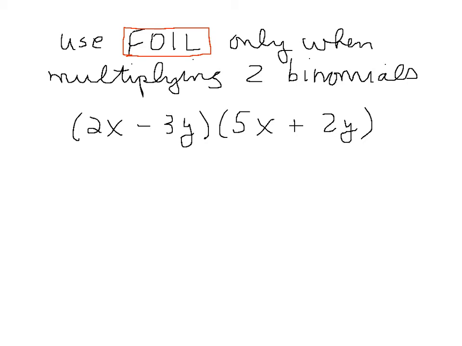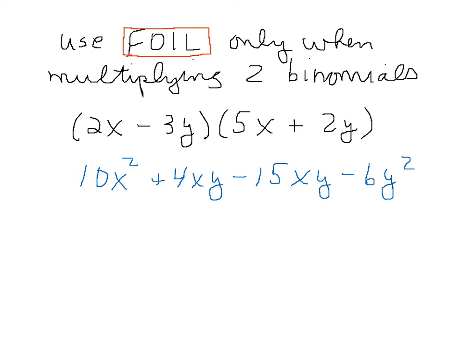So when I multiply the first terms, what I get is 10x squared. The outside terms give me 4xy. Inside terms, minus 15xy. And the last terms, minus 6y squared.